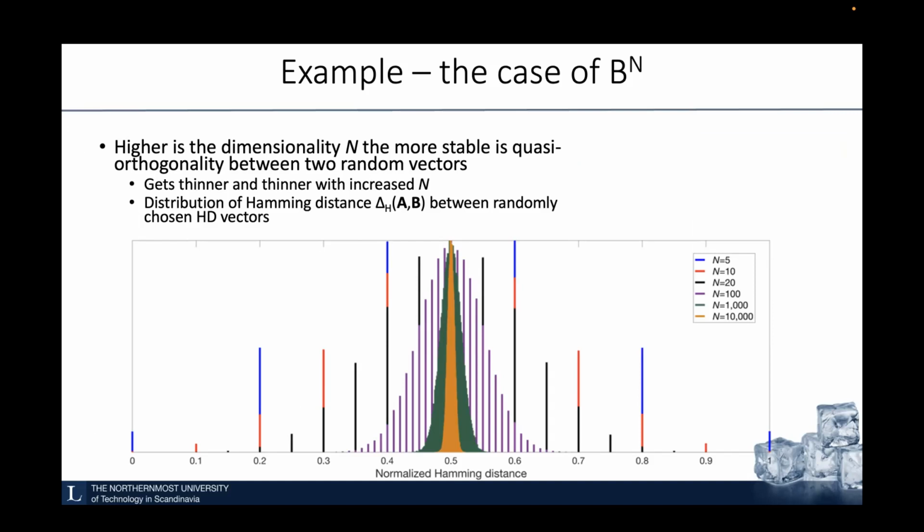What does it mean? It means that if you have large dimensionality, you can generate patterns at random. You just have a random number generator, generate each coordinate randomly, and with 99% probability these two vectors will be quasi-orthogonal. What does it mean? It means that you have a native capability of generating plenty of patterns which you can put in correspondence to symbols.